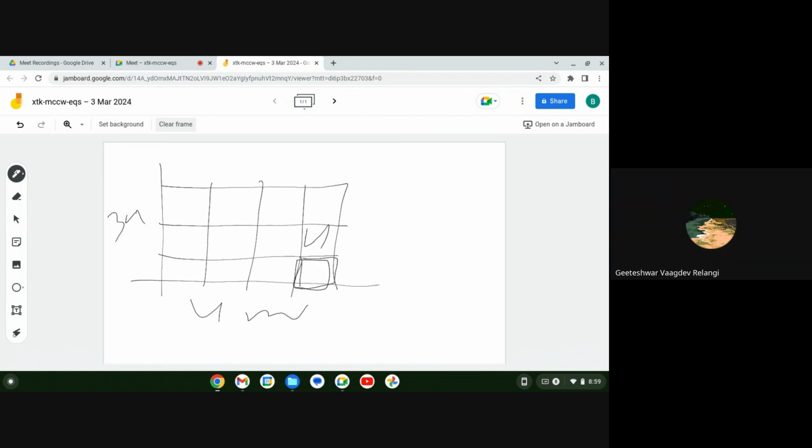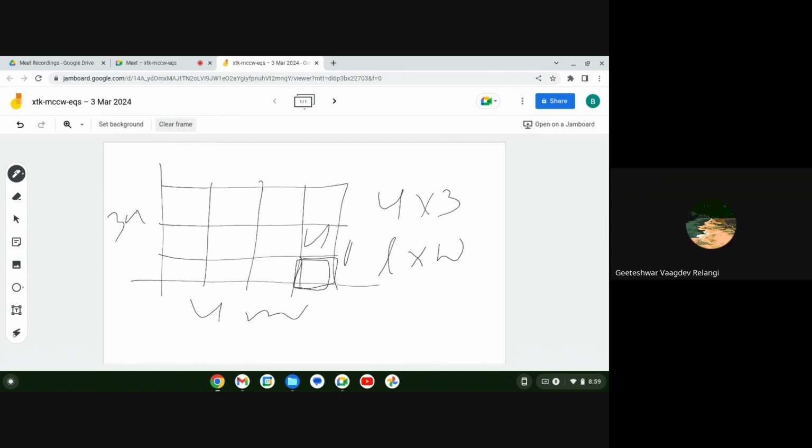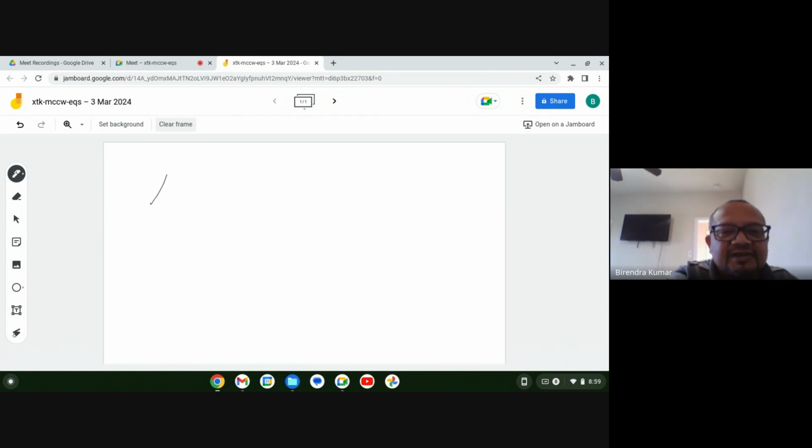So it becomes 4 into 3, or in a way, you can generalize this and say length times width, or length times base, whatever.